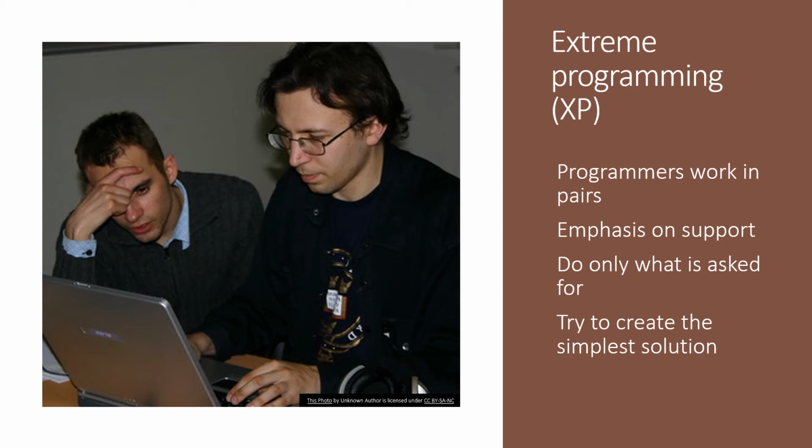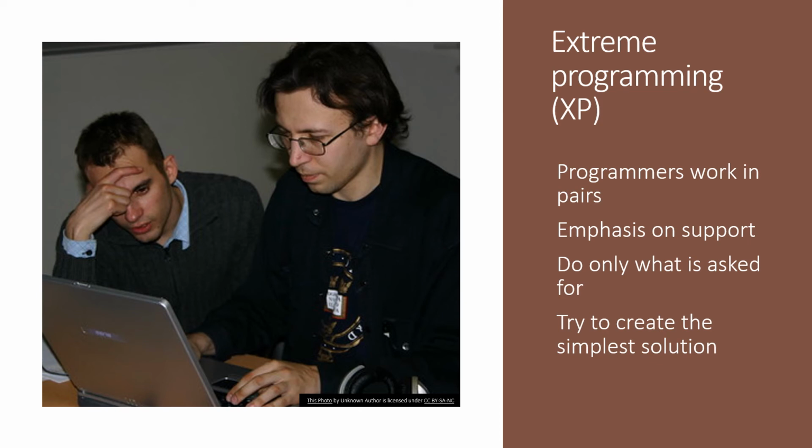One way that people have tried to improve on the agile development methodology is sometimes called XP or extreme programming. That's a kind of word that hasn't got a precise dictionary definition, but generally where you see that term used, extreme programming, it means that the programmers will work in pairs rather than alone, and they'll tend to support each other and try to create simple solutions that reduce burnout and stress.